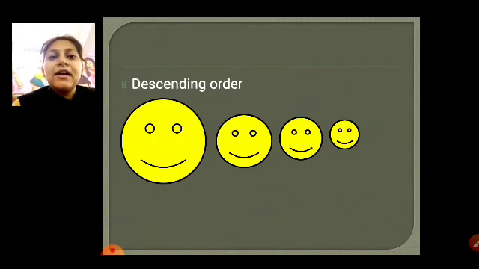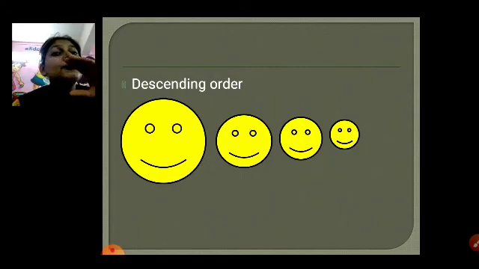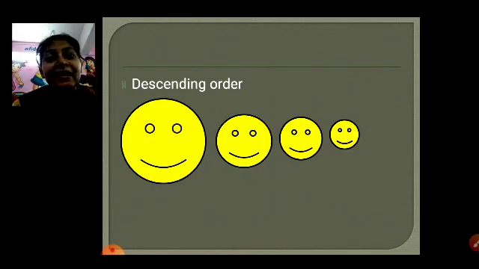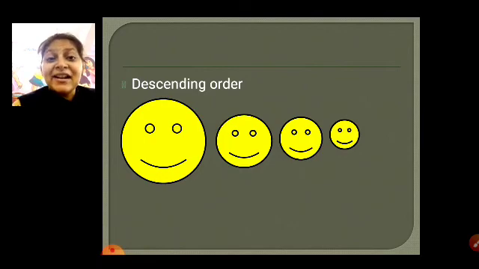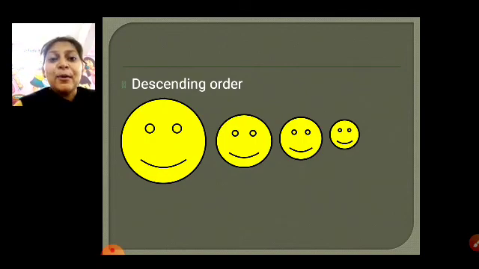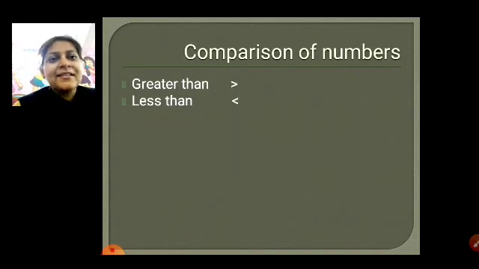Now descending order means we have to arrange the numbers from bigger to smaller, right? Bigger to smaller. It's called descending order. So here are the smileys that are arranged from bigger, smaller, smaller and smaller. So this is called the descending order, right?